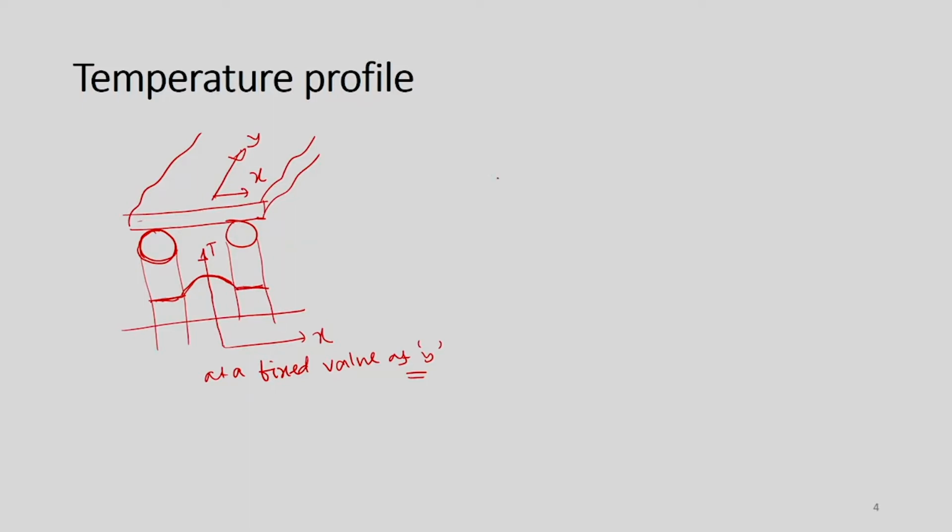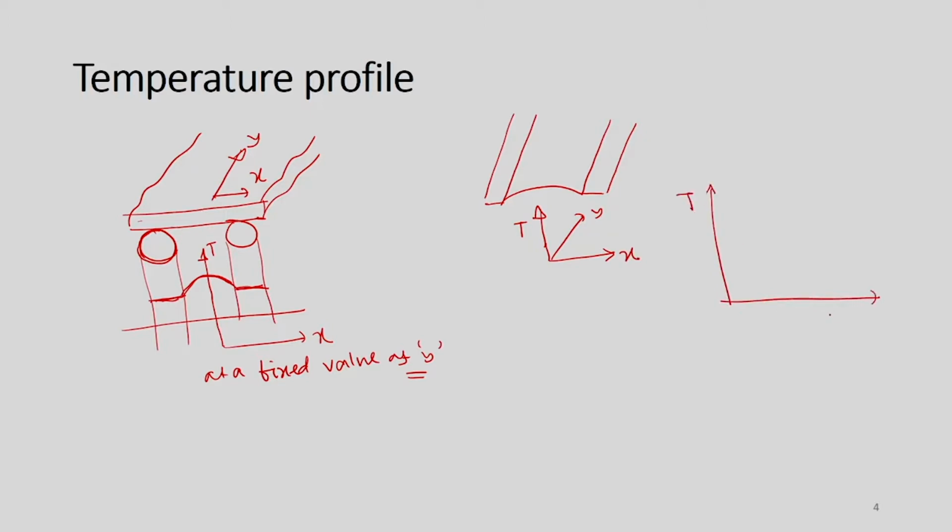And if I am interested in knowing the temperature profile along the flow direction, let us draw it. Along the flow direction, this may be T, this may be y and this may be x. Here I can draw the temperature profile, this is T and then we have y, and it will vary something like this.